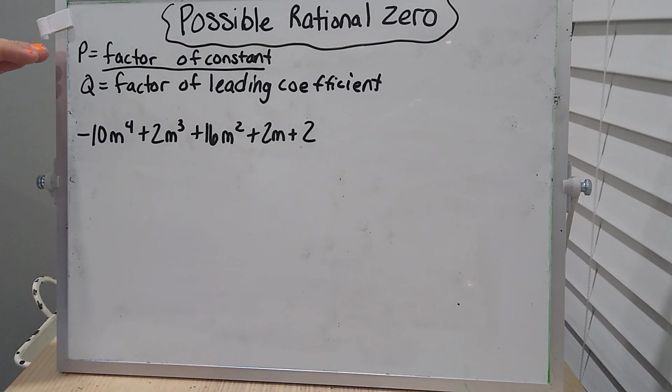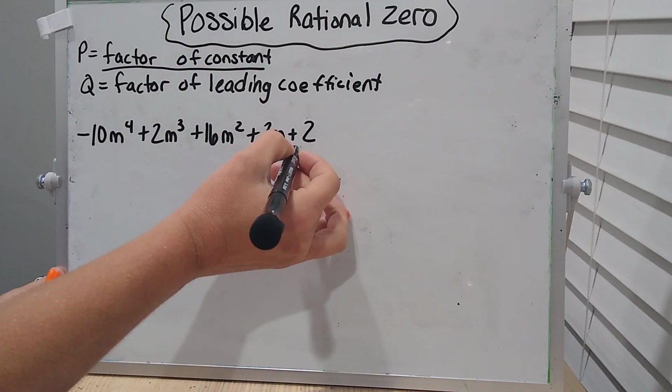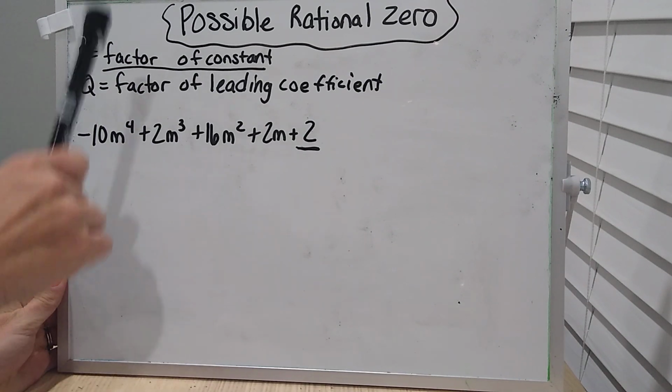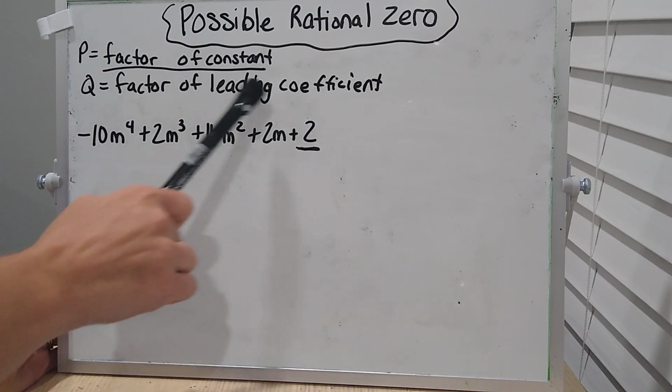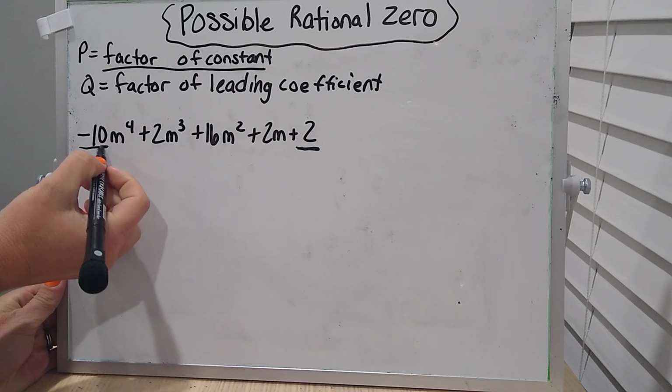First of all, this is the formula you're going to use. P stands for factor of the constant. This is your constant. It's that last number with no variable next to it. Q stands for the factor of the leading coefficient. So that is right here.